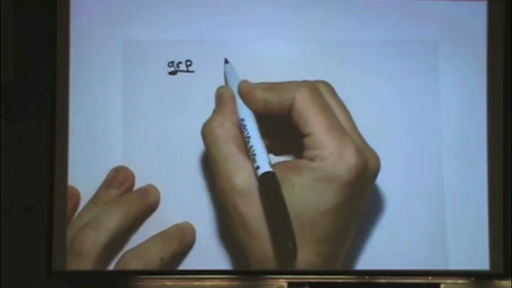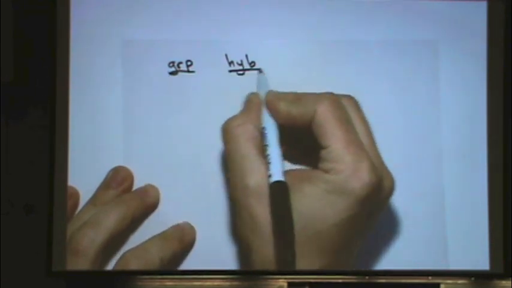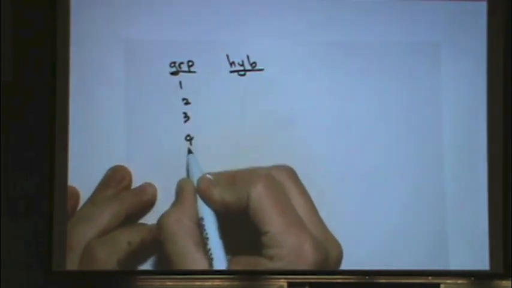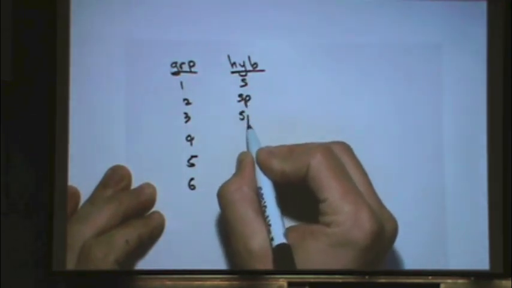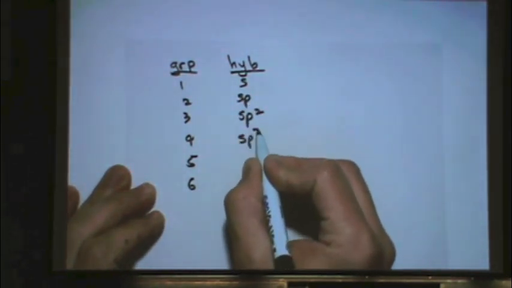Hybridization is determined by the groups, so you want to be able to know this depending on the groups.